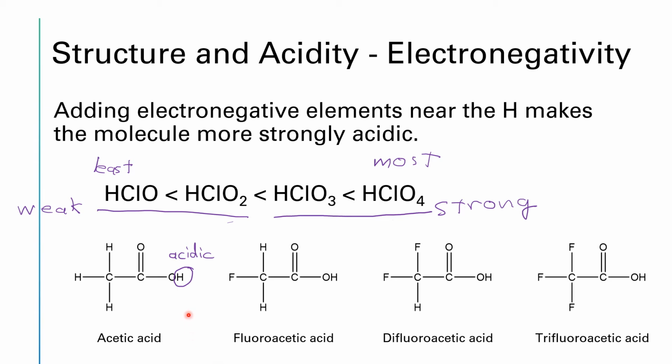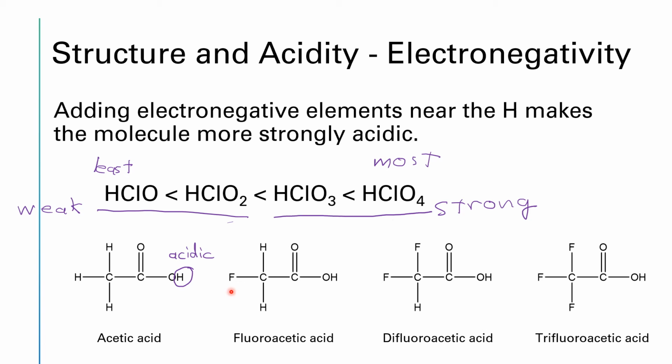The difference here is in just plain acetic acid, the nearby carbon is attached to 3 hydrogens. That's a completely non-polar bond. There's no tendency of the exterior atoms, the hydrogens, to be pulling electrons more strongly than the carbon. But if we move over one molecule and look at fluoroacetic acid, one of those hydrogens has been replaced by a fluorine.